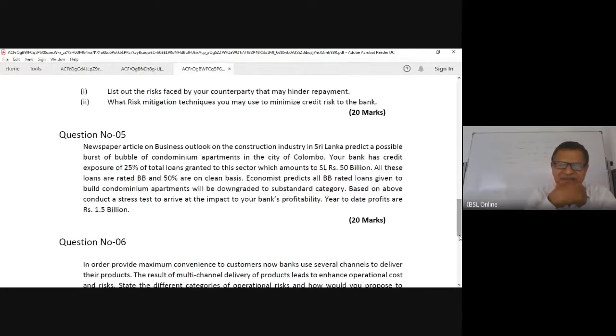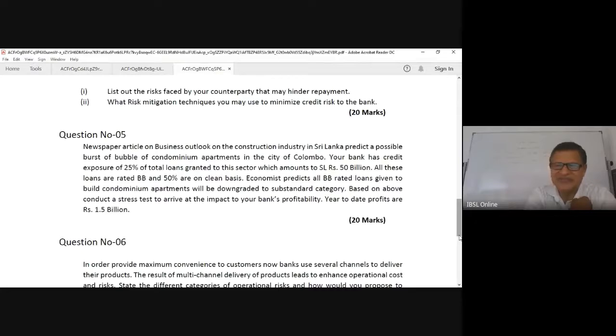Then it says that from 50 billion, a further 50% are on clean basis. So I got 50% of 50 billion, which amounts to 25 billion.